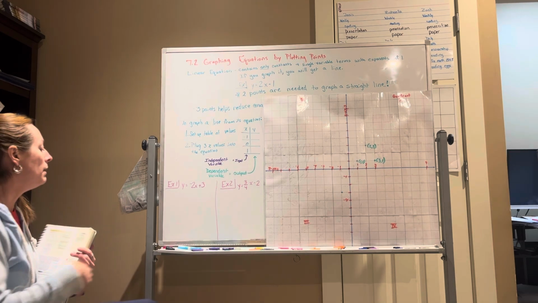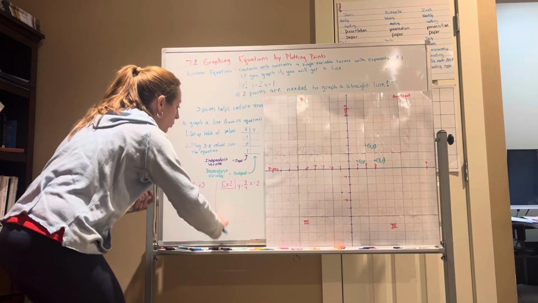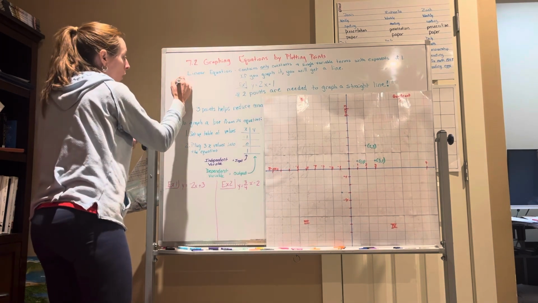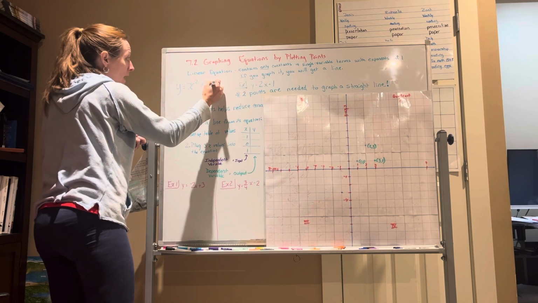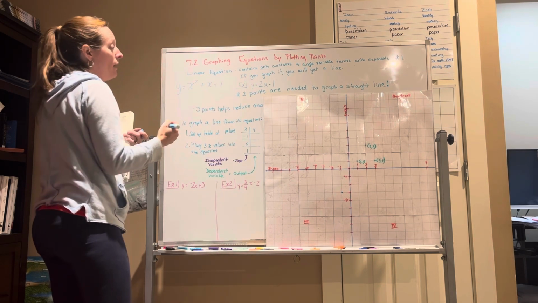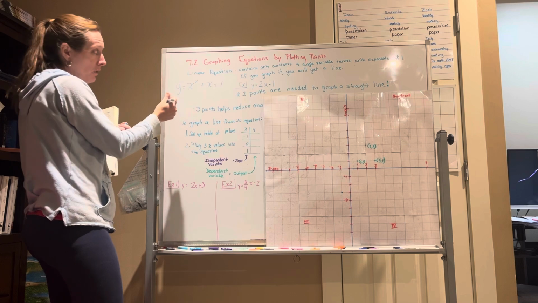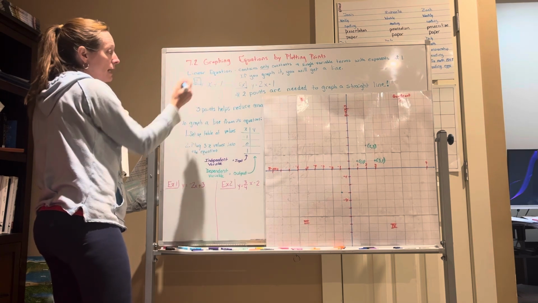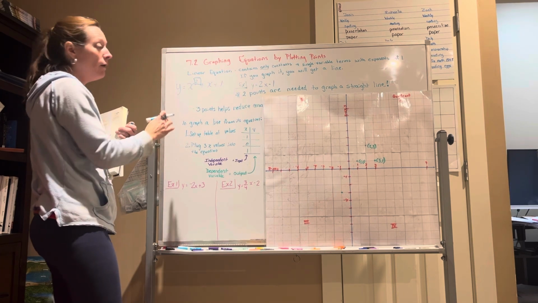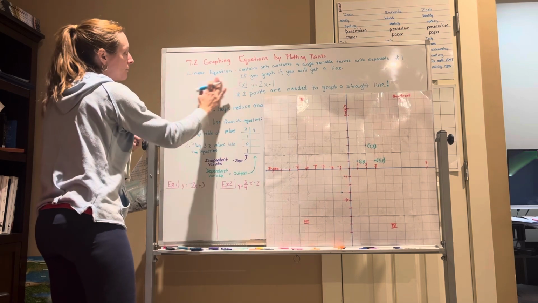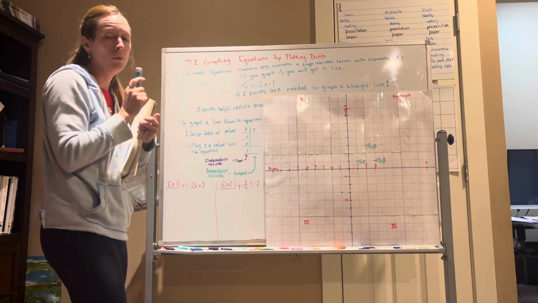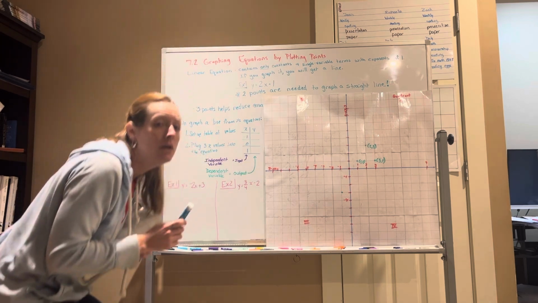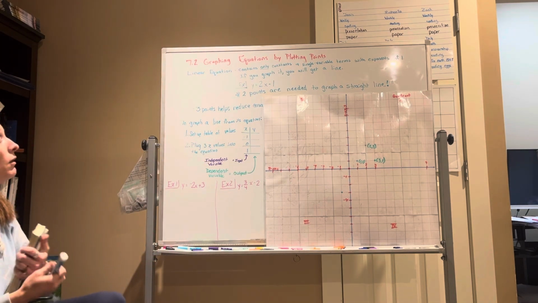So if you see an equation like y equals x squared plus x plus 1, that would not be a linear equation because we have an exponent greater than 1 in the equation. Make sure you realize that in a linear equation, the variable will have an exponent of 1.